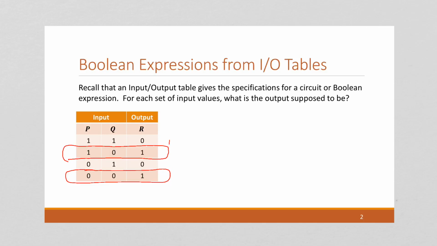And let's take a look at this row. What we want to do is figure out the Boolean expression for each row. So we have our variables P and Q, right?